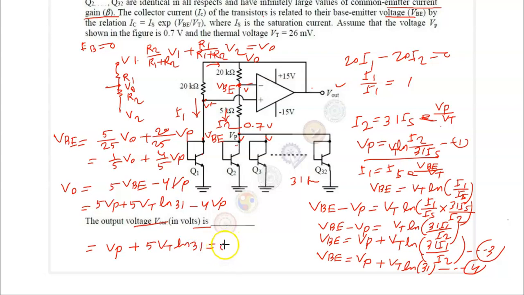So VP equals 0.7 volt plus 5 times VT, which is 0.026 volt, and ln 31 is equal to 3.434, using a simple calculator, and finally you got V0 equal to 1.1464 volt.